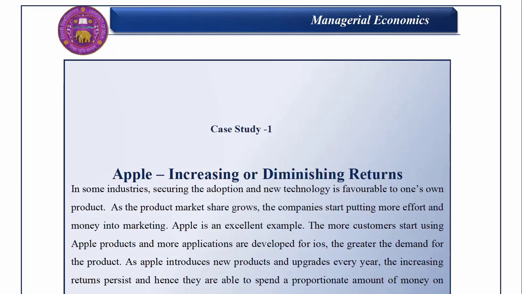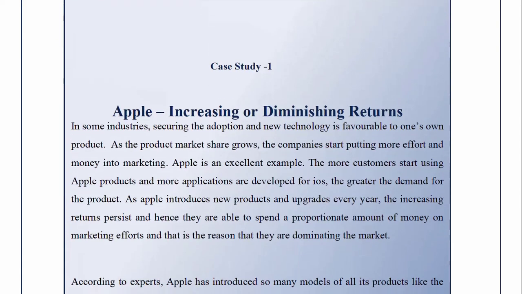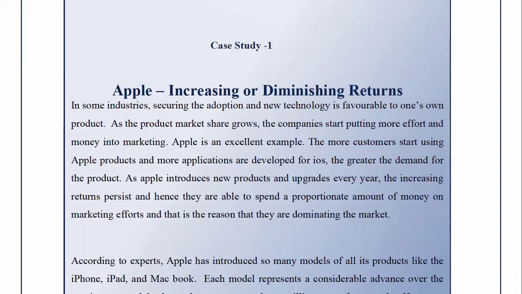The more customers start using Apple products and more applications are developed for iOS, the greater the demand for the product. As Apple introduces new products and upgrades every year, the increasing returns persist, and hence they are able to spend a proportionate amount of money on marketing efforts, and that is the reason that they are dominating the market.